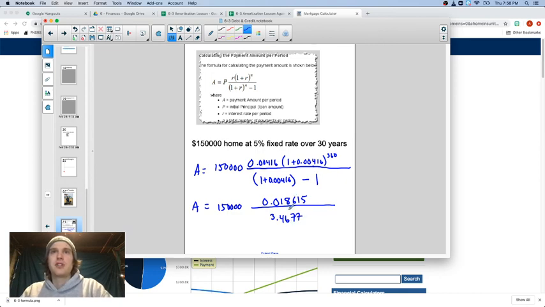So you take this fraction, you'll get a decimal, multiply it by 150,000, and you're going to get your monthly payment of $805.23. There it is. That's how you do it by hand. Isn't that fun? Man, math is fun.